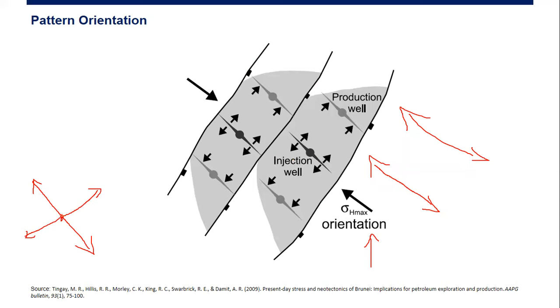If you have your injector here, the fracture will be propagating following that direction, but you will have a producer here and a producer there, which are safe from the propagating fracture starting from your injector.